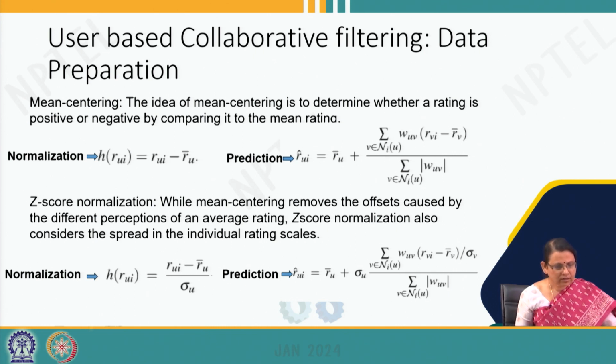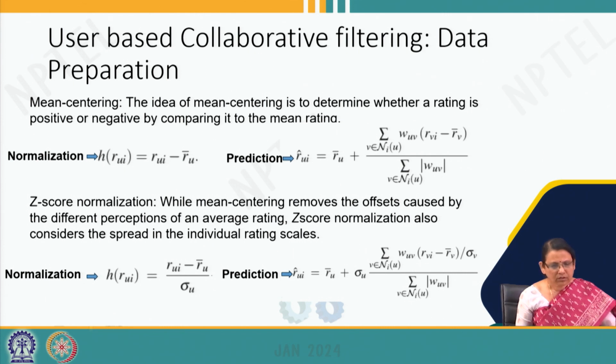And the second one is z-score normalization, where it is mean centered as well as you also divide it by the standard deviation.